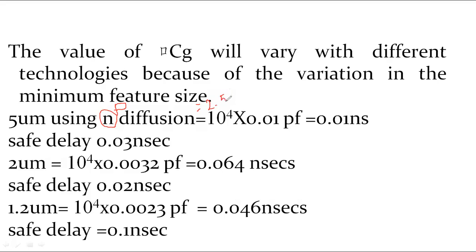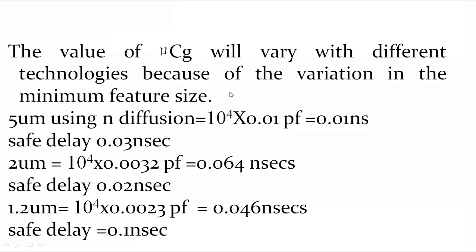That means 2.5 into 10 to the power of 4 multiplied by the capacitance value, 0.01 picofarads, which is equal to 0.025 nanoseconds for P diffusion.